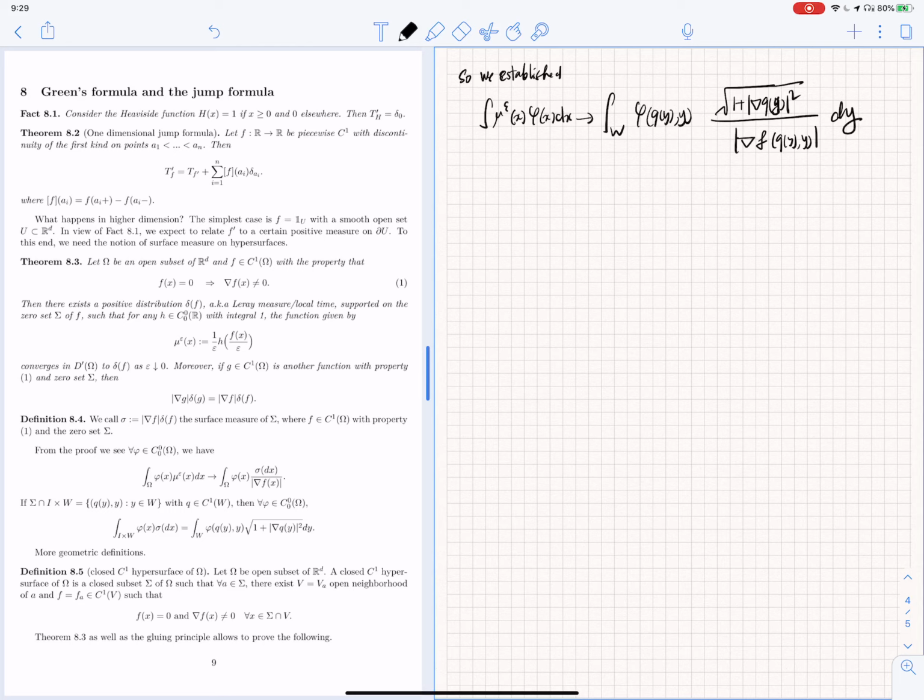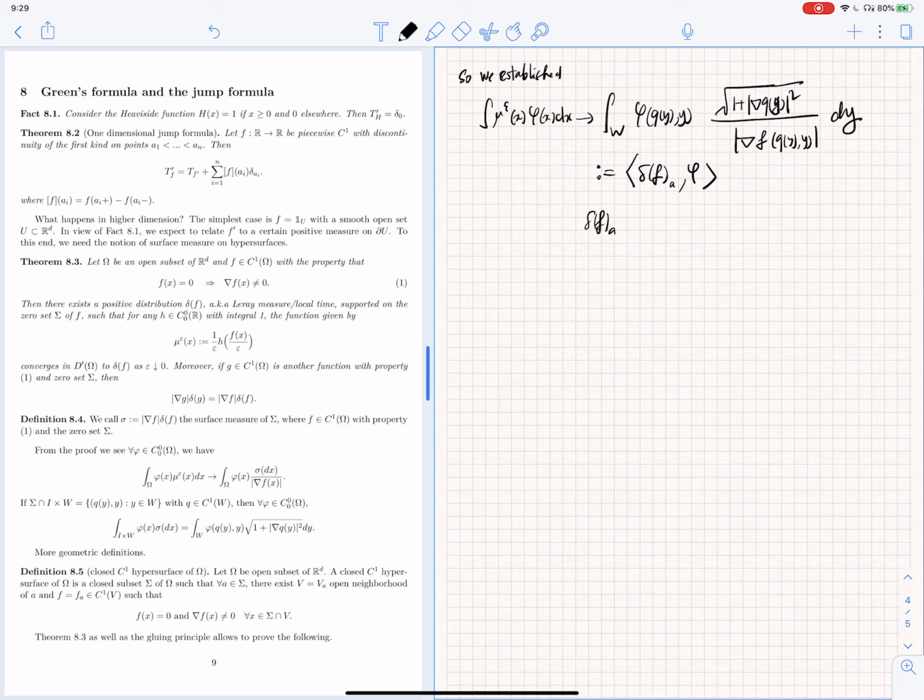All right, so this is our limit, and we're going to call it delta f, local, applied to phi. So this clearly defines a positive distribution. Whenever phi is positive, this quantity will be positive. Okay, so this is as needed.